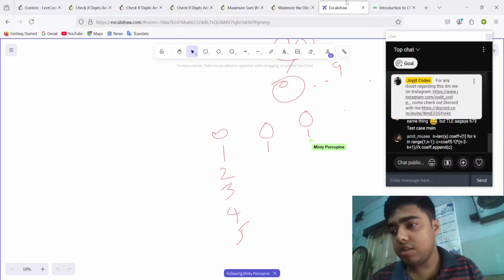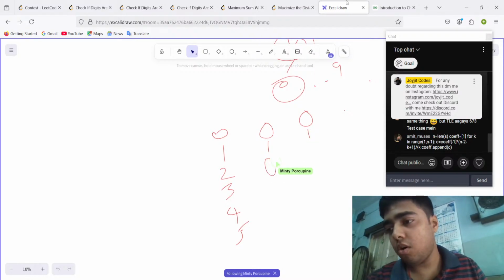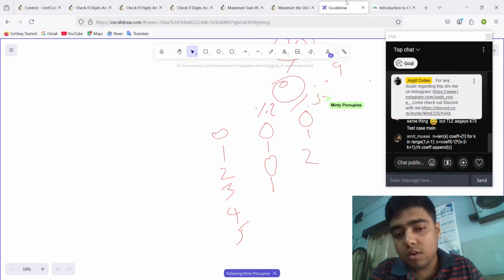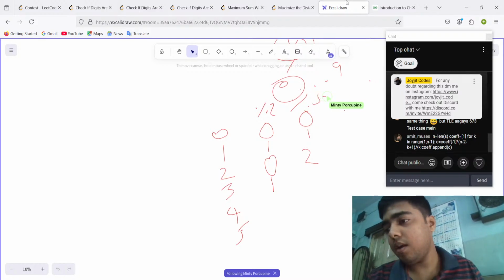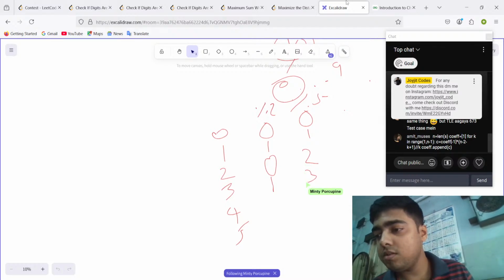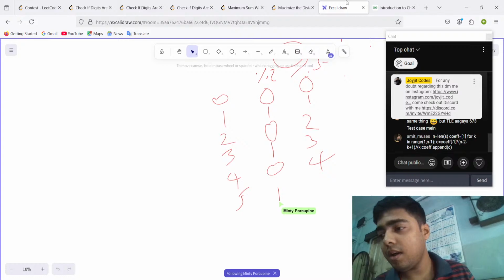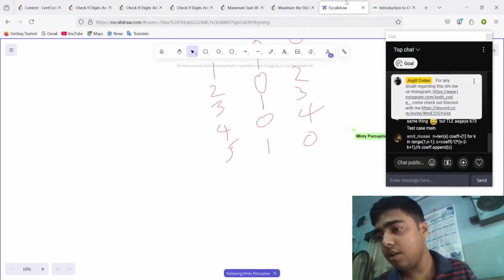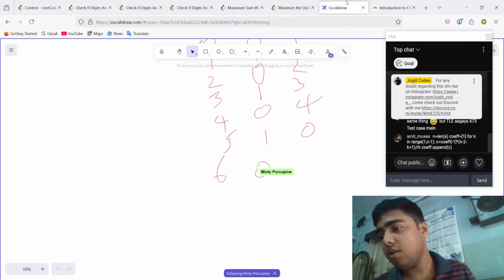If it is 2, mod 2 will be 0 and mod 5 will be 2. For 3, mod 2 will be 1 and mod 5 will be 3. For 4, mod 2 will be 0 and mod 5 will be 4. For 5, it will be 1 and 0, because 5 mod 5 is 0. For 6, it will be 0 and 1.